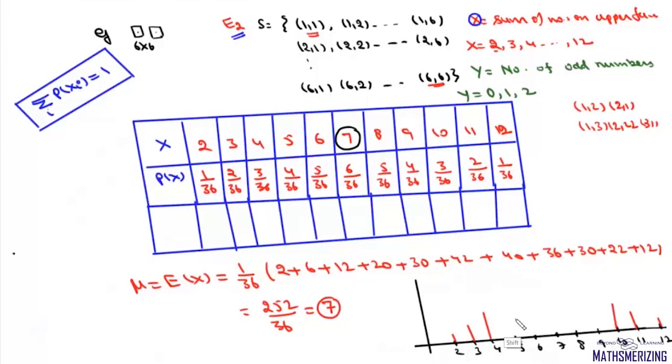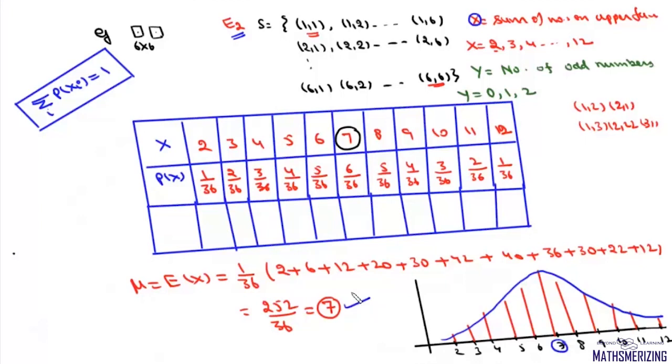Here also it is 3 by 36. Then 4 by 36, 4 by 36. This is 5 by 36, 5 by 36. And at 7 it is 6 by 36. So this distribution is symmetrical about this number 7. So its mean should be 7. So this value 7 is expected as mean of this random variable.